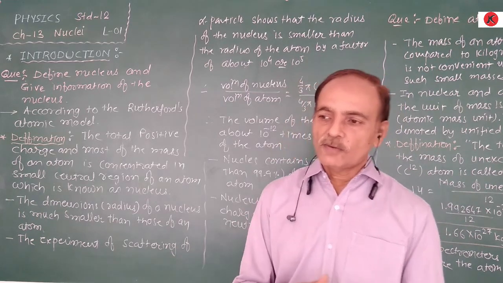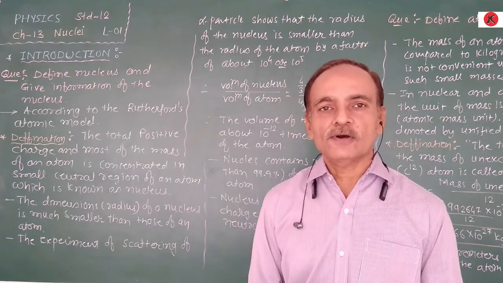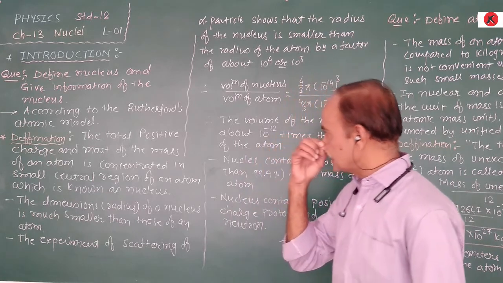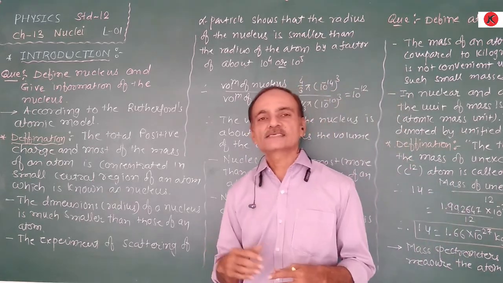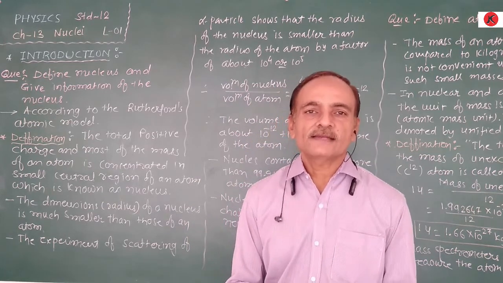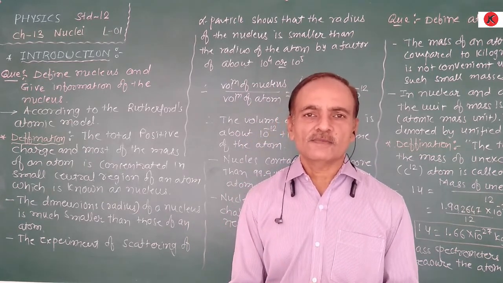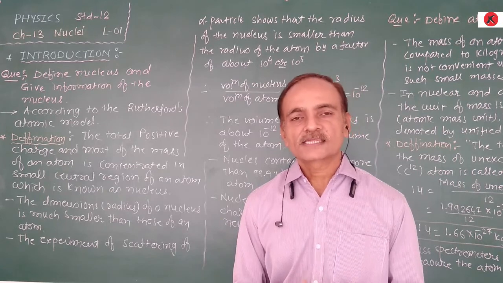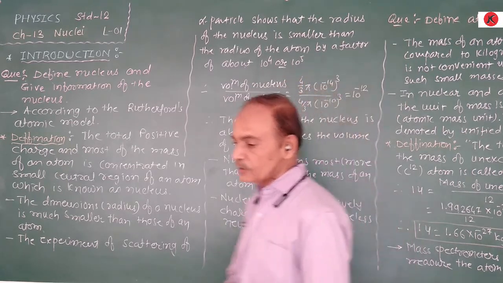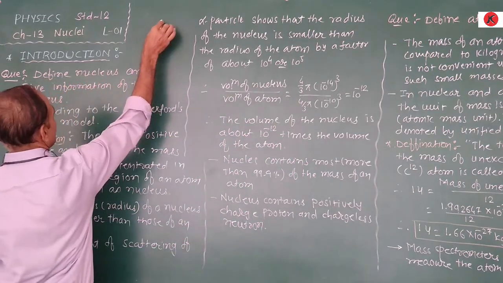Again, in Rutherford's atomic model, the small central region in which the total positive charge of the atom and most of the mass of the atom is concentrated is known as the nucleus. Already we know that there is the atom.